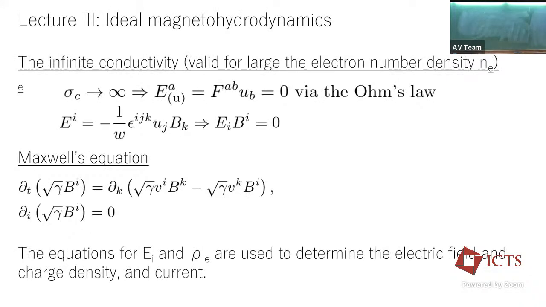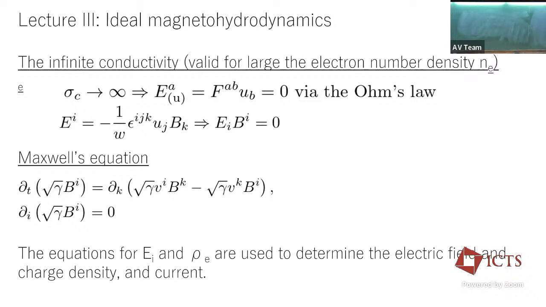So the electric field in the fluid frame is given by the contraction of the Faraday tensor F_AB and u^B. In this limit, this quantity should be equal to 0 by Ohm's law. Otherwise, the current in the fluid frame diverges. It doesn't have physical meaning anymore.